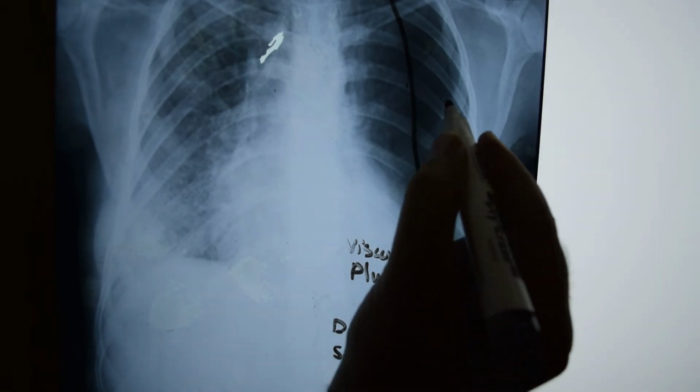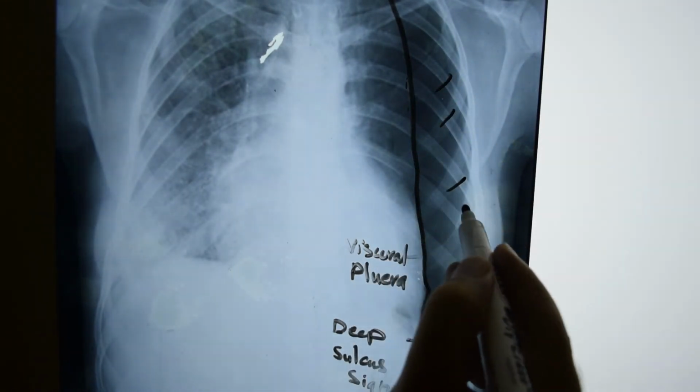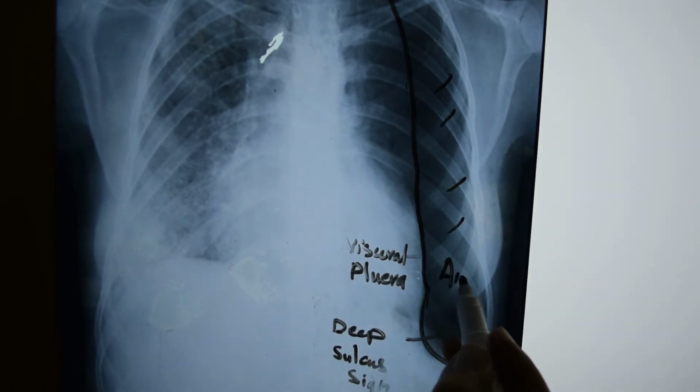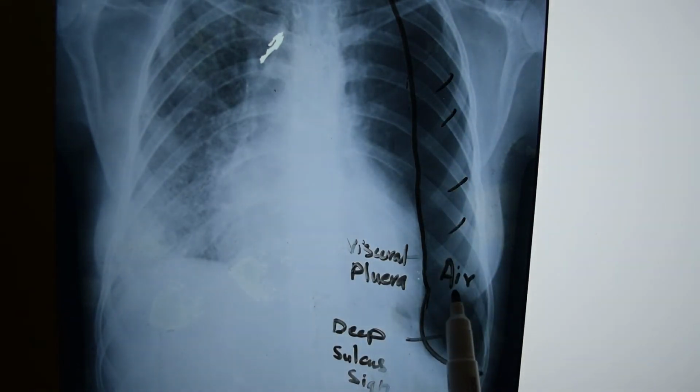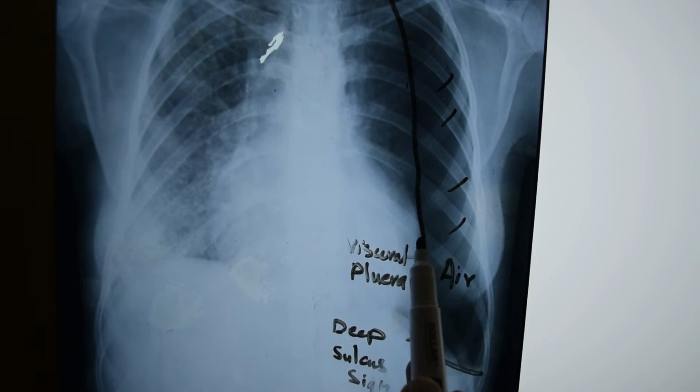This all is air, and this is the pleural cavity and it is having air in it. This is the visceral pleura, collapsed lung, and this is extending deeper down towards the diaphragm. This is known as deep sulcus sign.